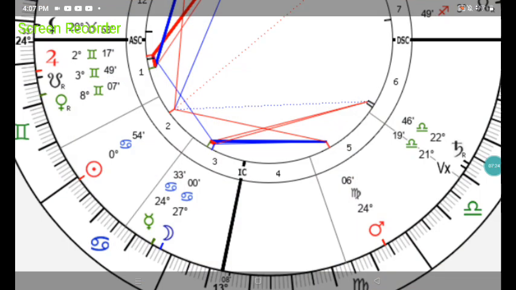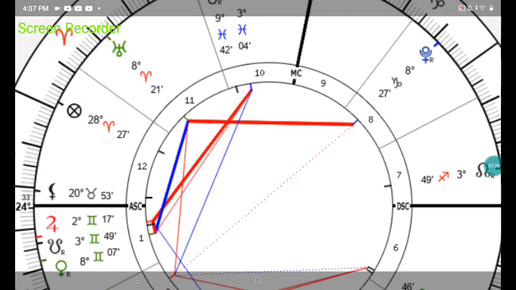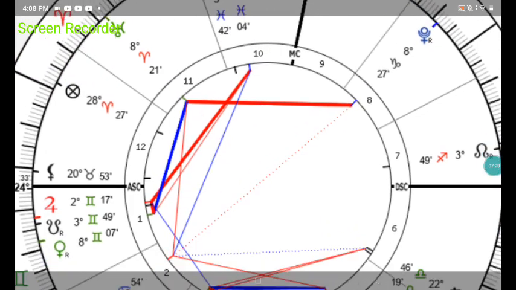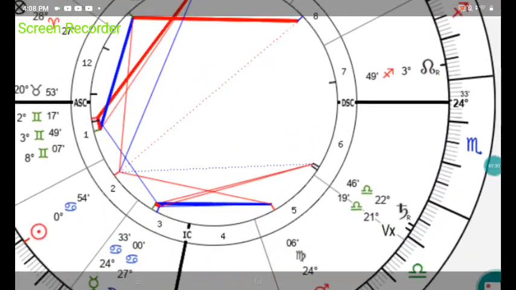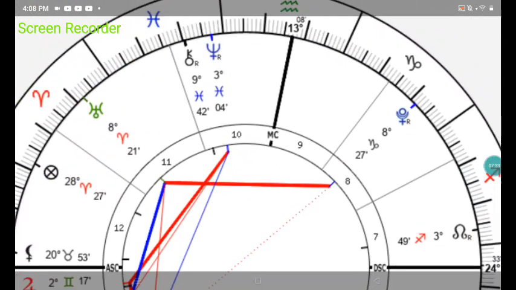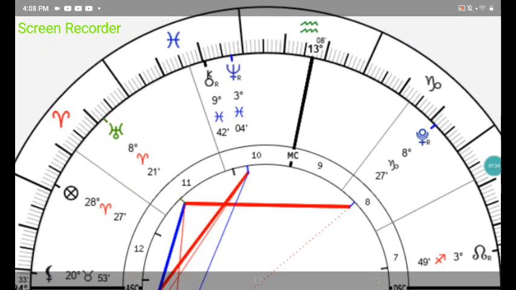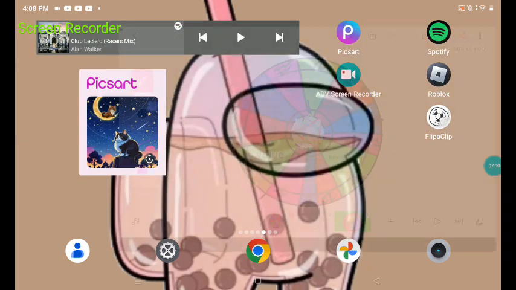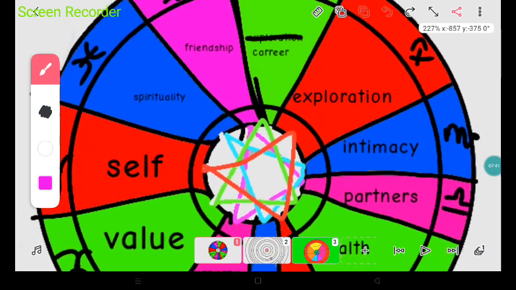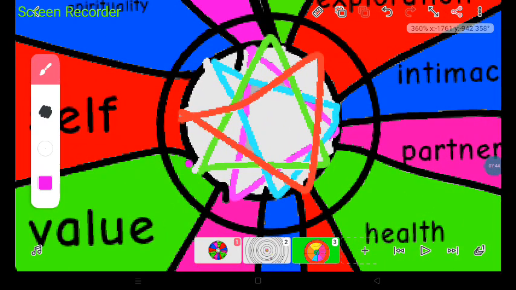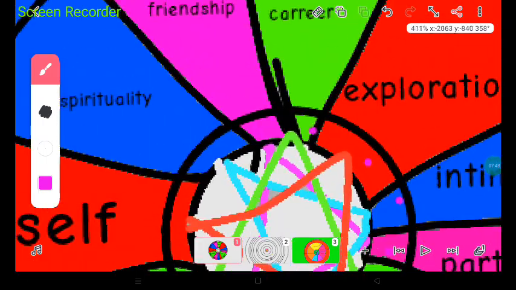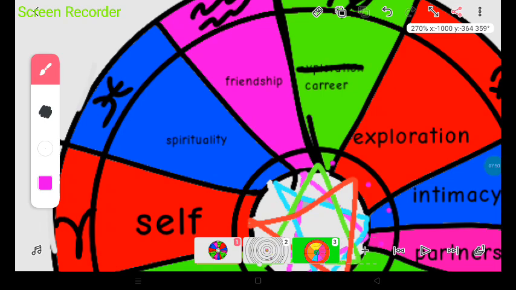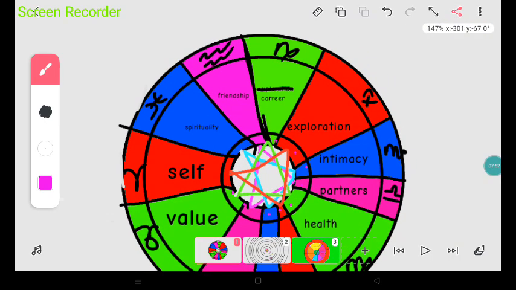So let's pull up my chart and see where my Chiron is. Wait, where is my Chiron? Oh, okay. So Chiron is in my 10th house, and the 10th house is the house of friendship, so it means that Chiron is healing my friendship.